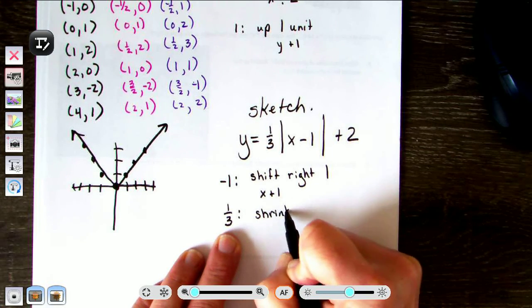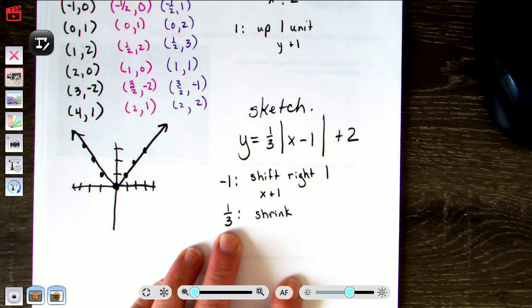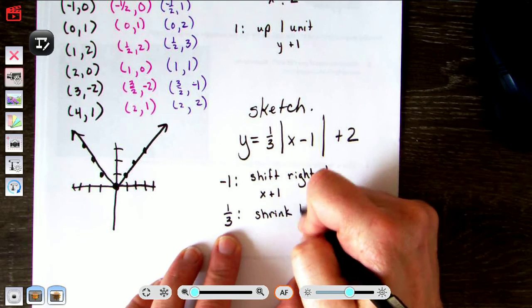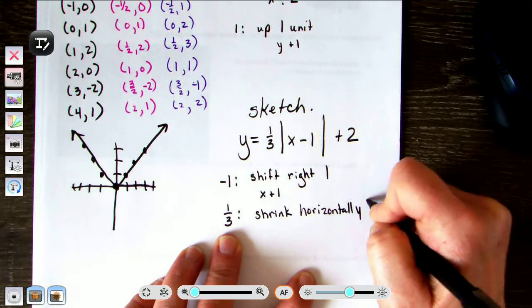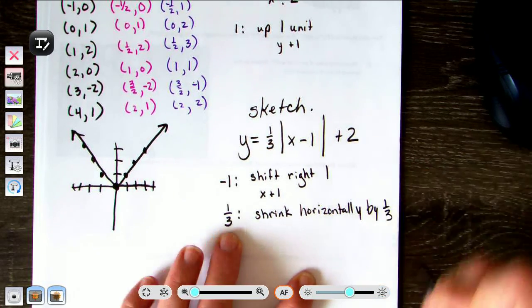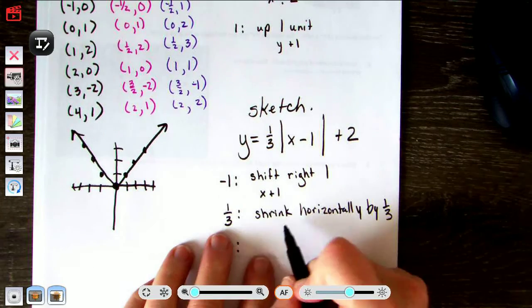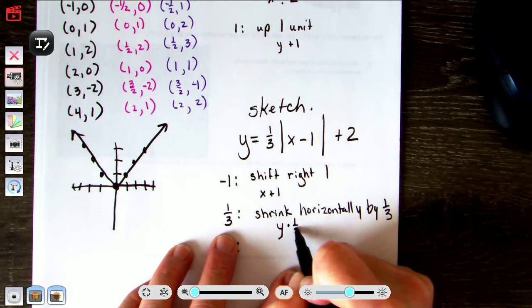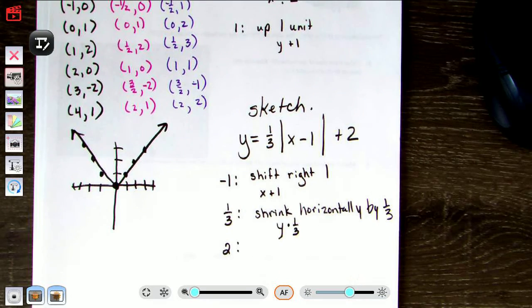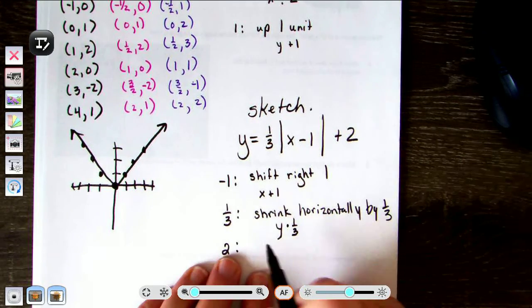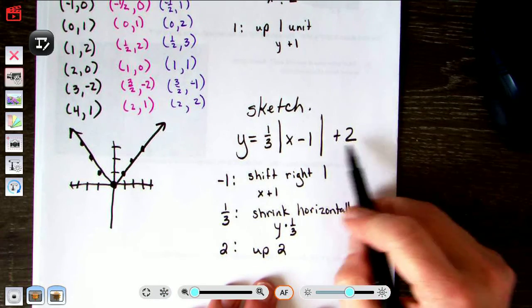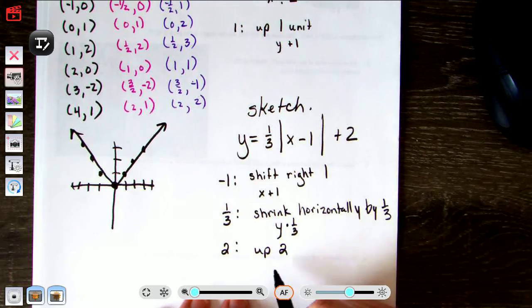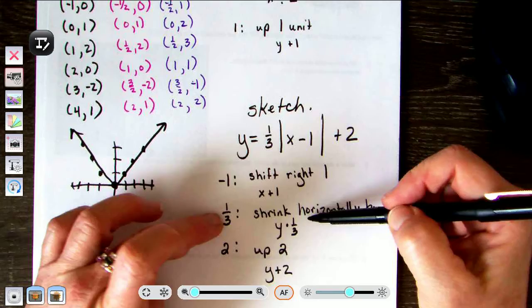It's hard to see with the V, but we will see a shrink, it's going to be shrunk down by 1/3. So to do that, we're going to take our y's and multiply by 1/3. And then we're going to move it up 2 units, because the plus 2 is going to shift it all up 2. And to get it to shift up, we're going to take those y values and add 2.